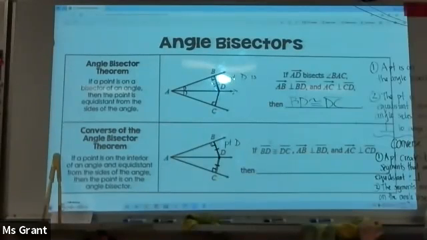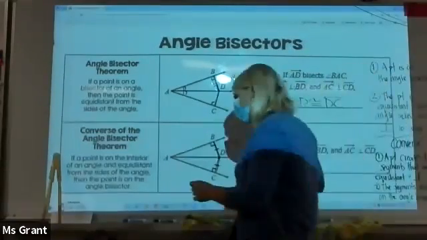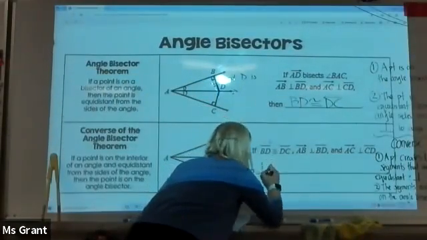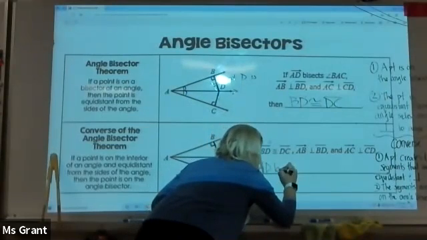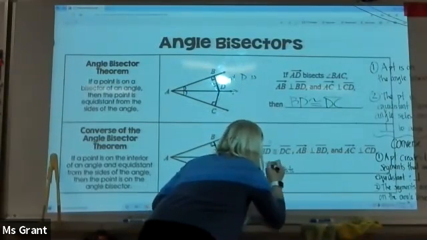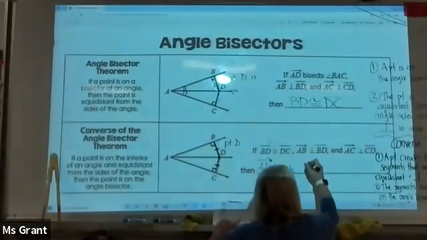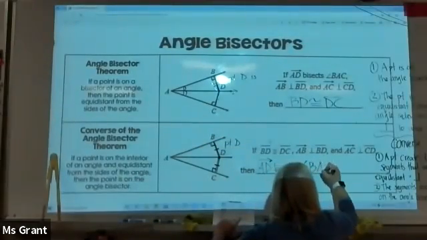Sorry, I'm not writing very nicely down here. The segments are on the angle bisector. So ray AD bisects angle BAC.